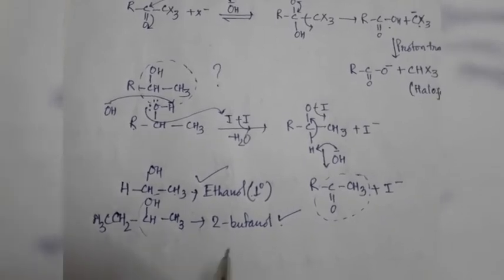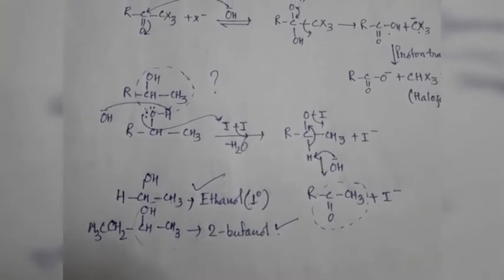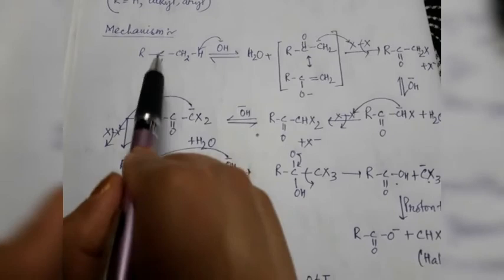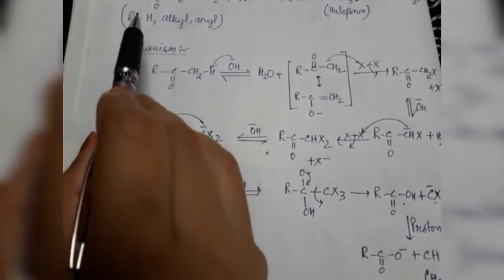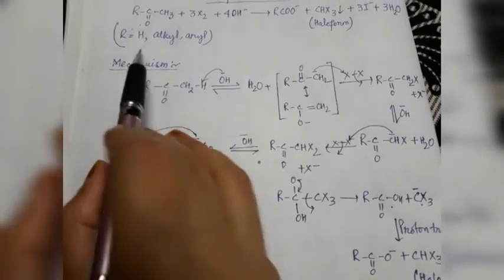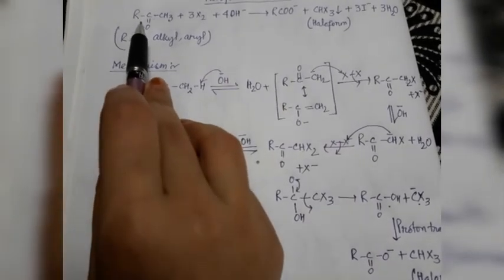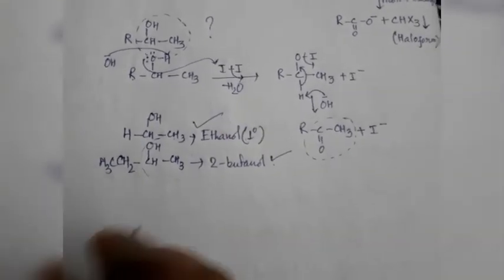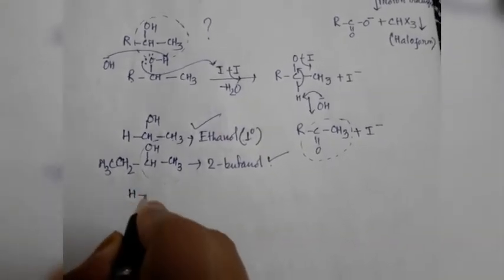Again, we know that the compounds in which a ketomethyl group is present give the haloform test, and that R group can be H, alkyl or aryl. So suppose this R group is H, so H CO CH3.